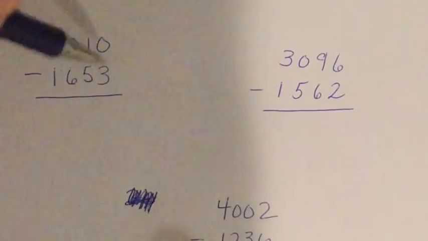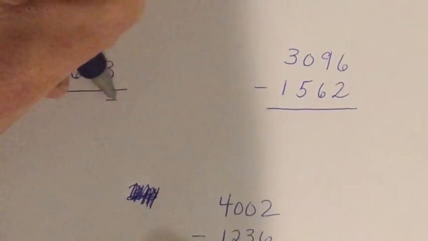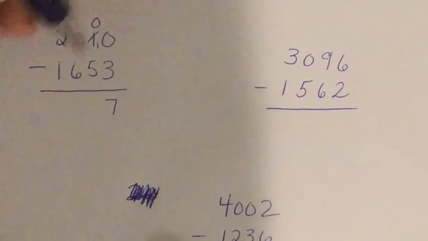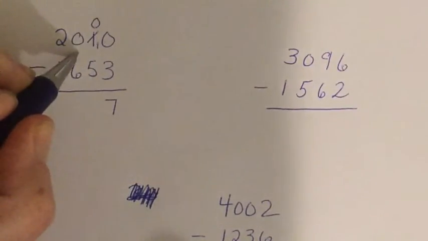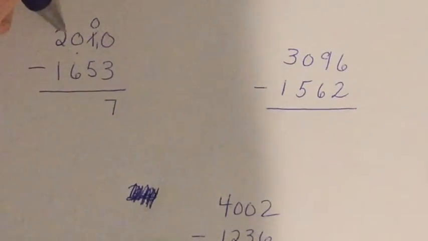So for example, 0 minus 3 we can't do. We're going to borrow from there. That's not too different. 10 minus 3 is 7. 0 minus 5. Now I've got to borrow from this 0, but I can't. So we've talked about this. We've done it the long way, where I'm going to borrow from here, and I'm going to trade 1,000.